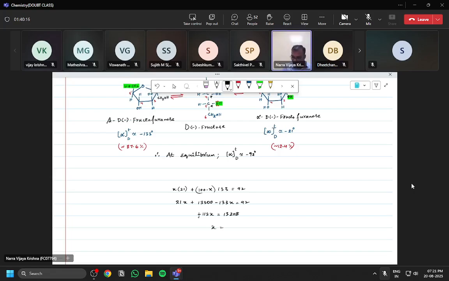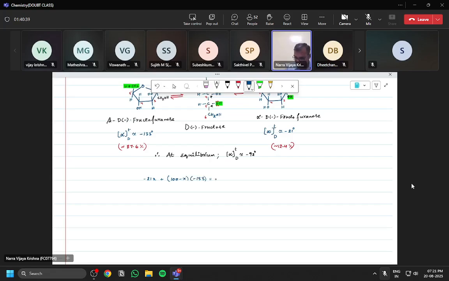Alright, am I doing anything wrong? Same thing only, no? Let me write as minus 21x. Then this will be the remaining percentage, meaning 100 minus x into minus 133.